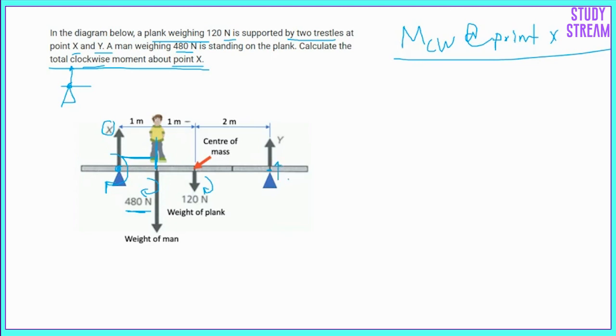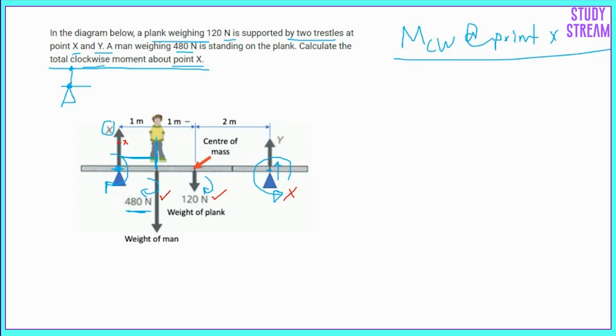So pushing up around the same pivot, which is point X here, this will actually cause counterclockwise rotation. So if I use the red marker, we have to calculate this, this we have to calculate, this one we don't have to calculate for now. And also this part we don't care about because it's not going to affect our clockwise moment.